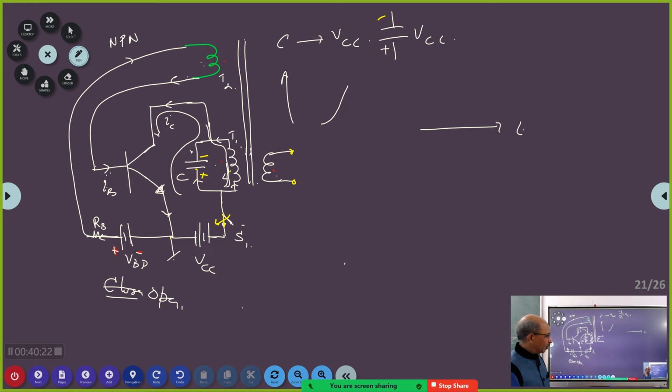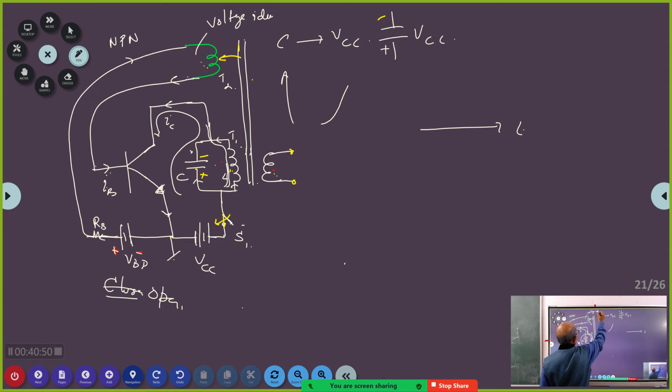Now be careful. This core is the same for both, so these coils are like three windings of the same transformer. Because the current is going through this, the magnetic flux is increasing. This magnetic flux is linking this coil, so voltage will be induced in this coil.